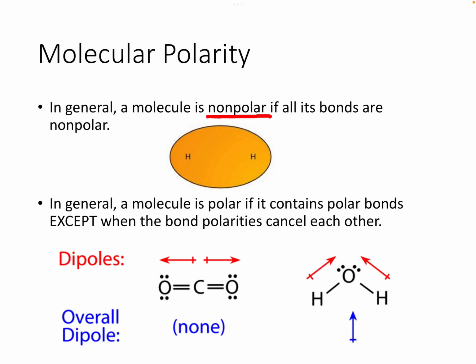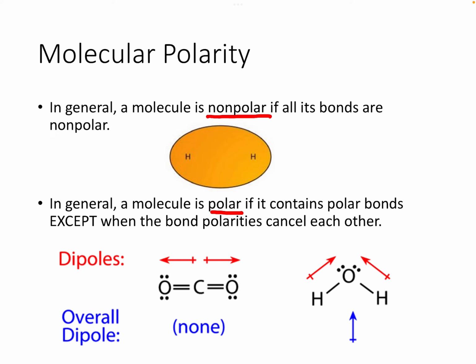And then down below, in general, a molecule is polar if it contains polar bonds, except when the bond polarities cancel each other. So if the polar bonds in your molecule do not cancel each other, then the molecule is polar.